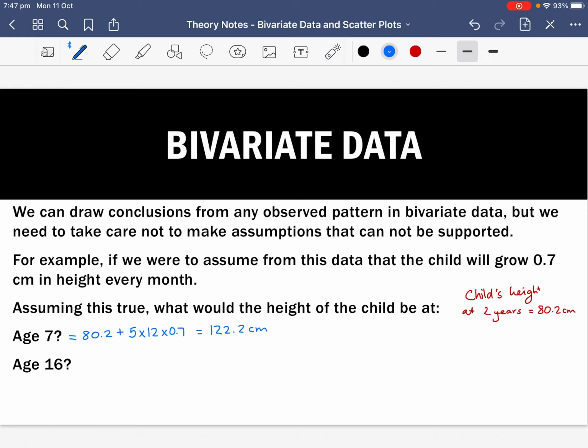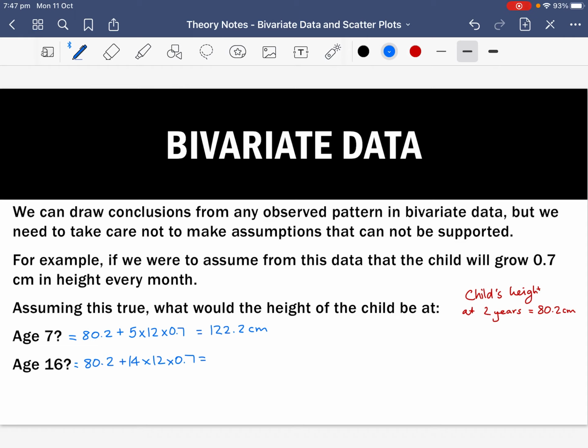It could be true. Now let's try for a 16-year-old. So that's like your age, right? So at 2 years old, the child is 80.2 plus. Now we need to go 16 minus 2, which is 14, times the number of months in a year, which is 12, times our 0.7, which is the average that the child is growing each month.